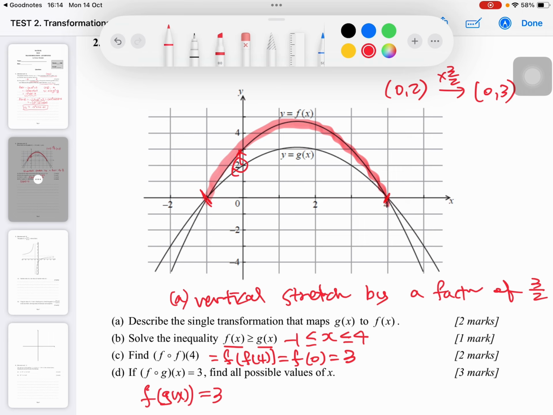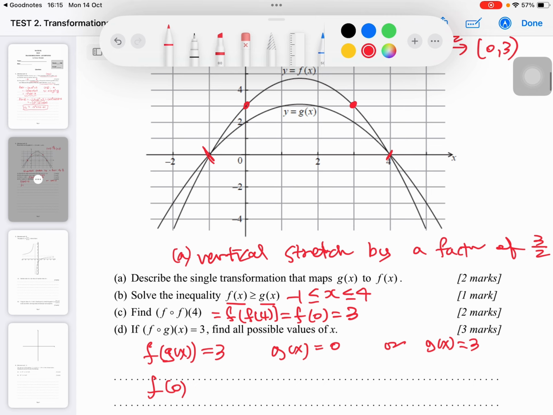So this one, f(g(x)) equals 3. When f is 3, which is here, g of x, but not only there, this and here. So g of x can be 0 or g of x can be 3 because f of 0 is 3 and f of 3 is 3.